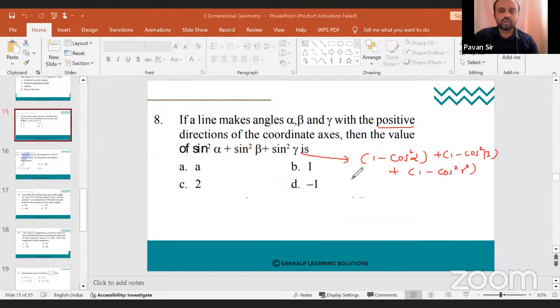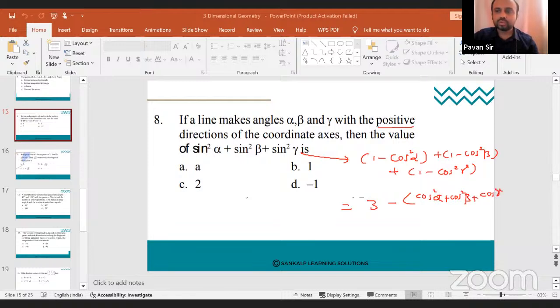Try to take the common out. What is the common? 1, 1, 1. So 1 plus 1 plus 1 is 3, minus of cos square alpha plus cos square beta plus cos square gamma.